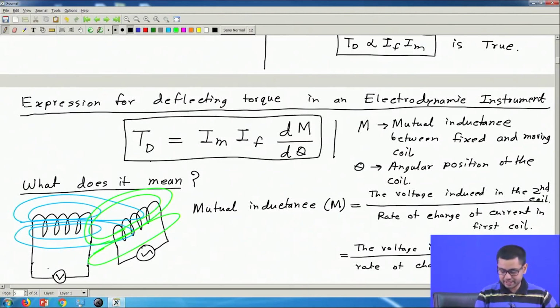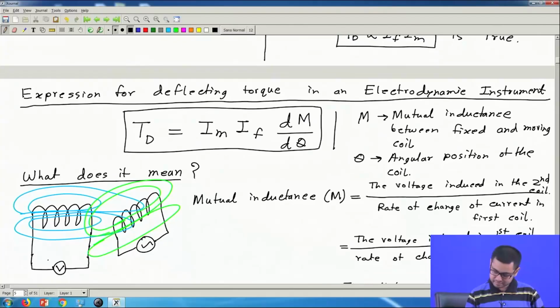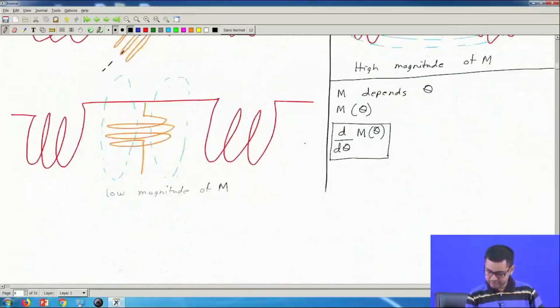The deflecting torque is proportional to Im If dM d theta, where we have studied the meaning of this term dM d theta.